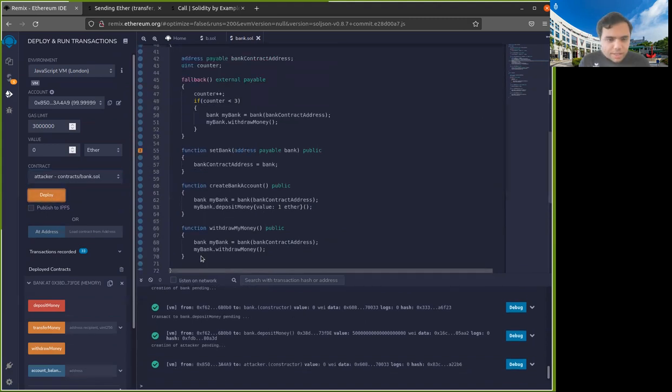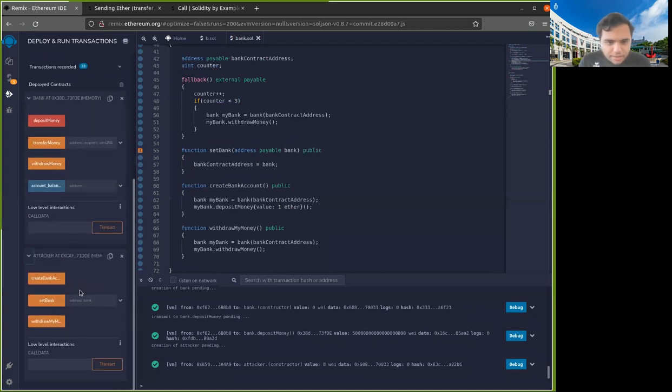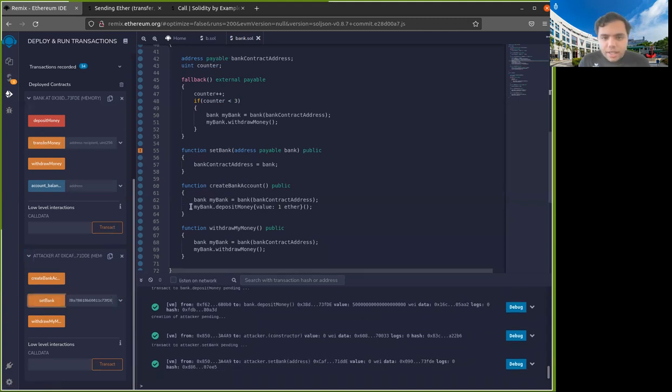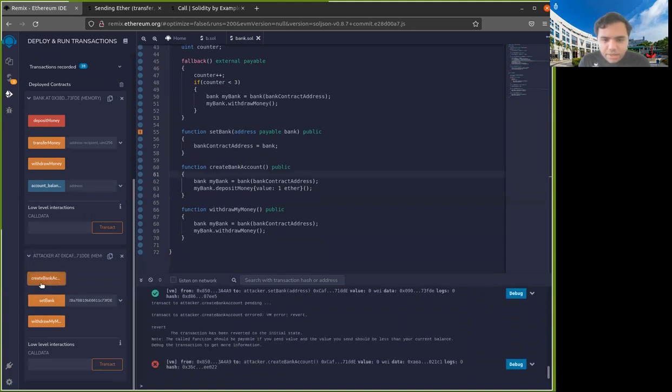Okay, so I have the attacker contract on. And I have to first set the bank. So I set my bank to be this bank contract that I have here. And then I will create a bank account.